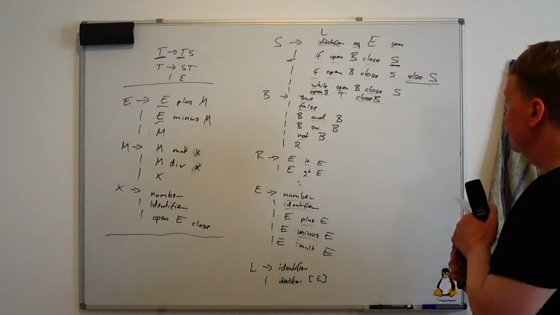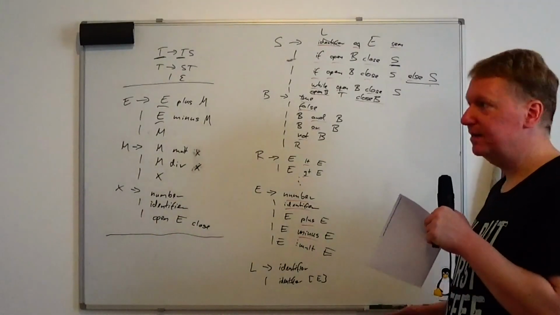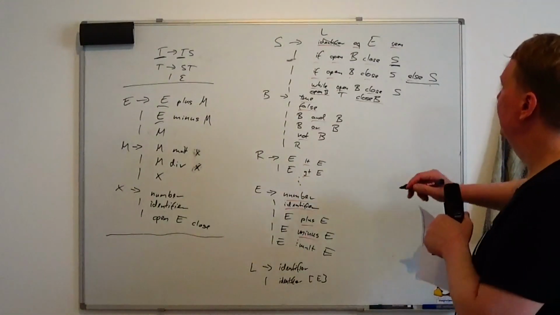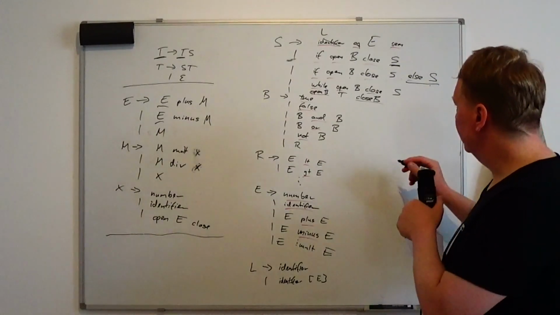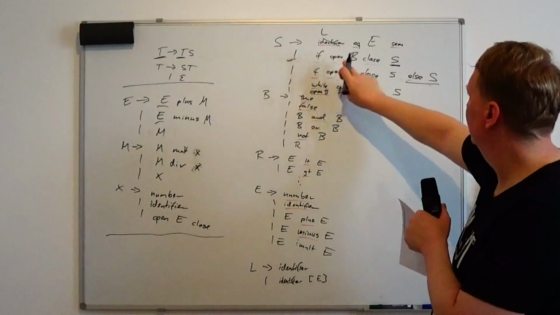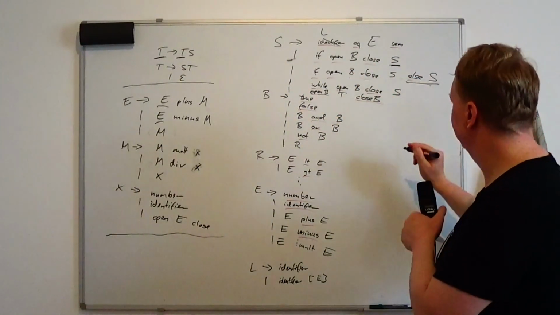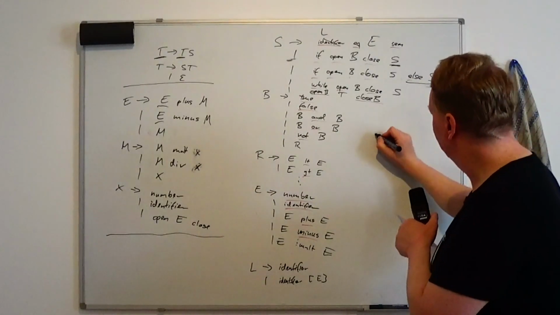All right. Now there is one more classical problem in compiler design that I want to address. That's called the dangling else problem. You see we have these if open B close S, and if open B close S else S production rules.